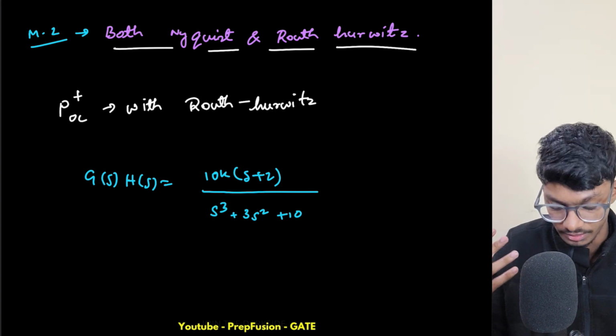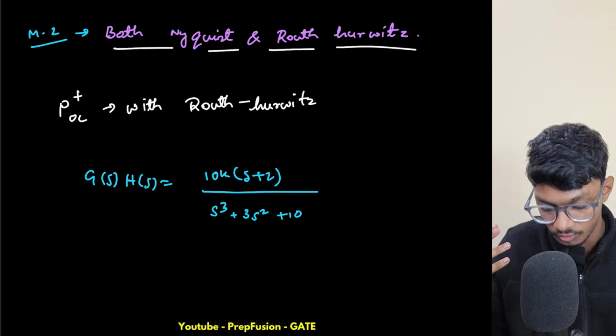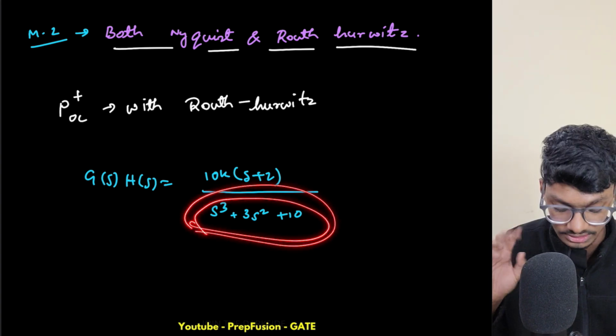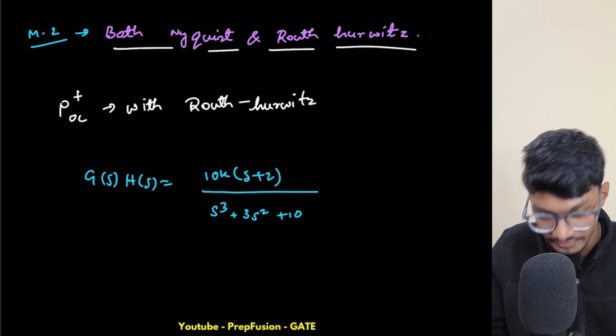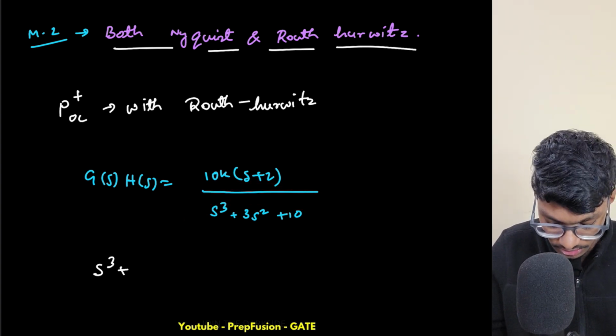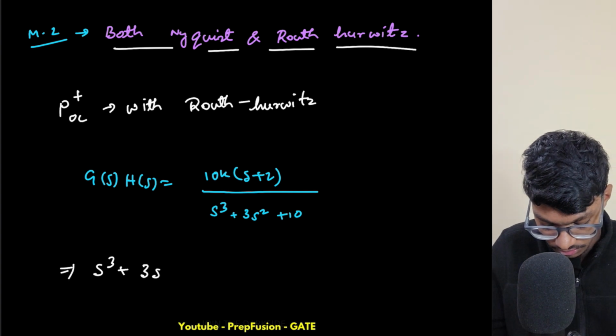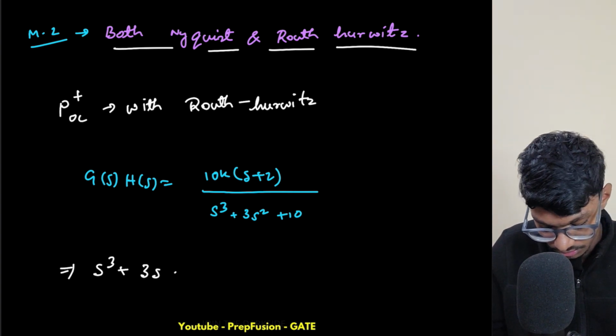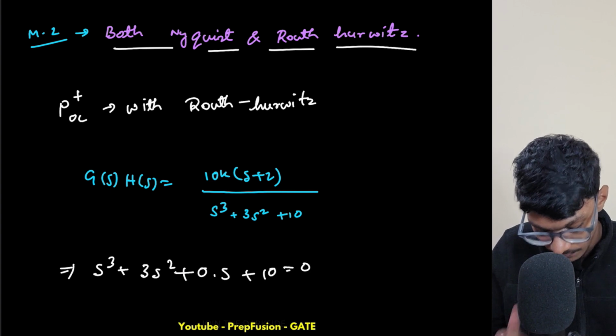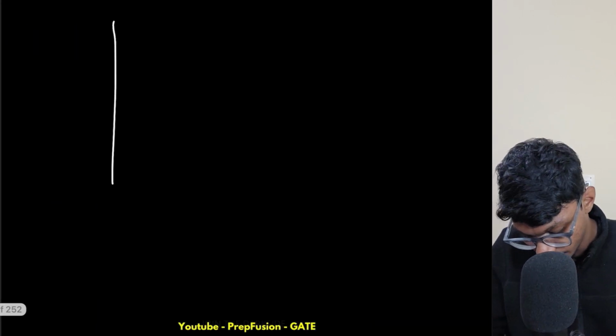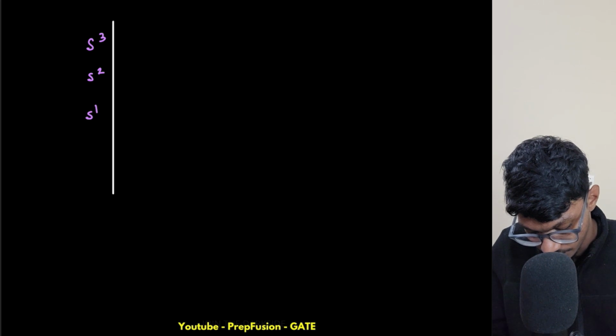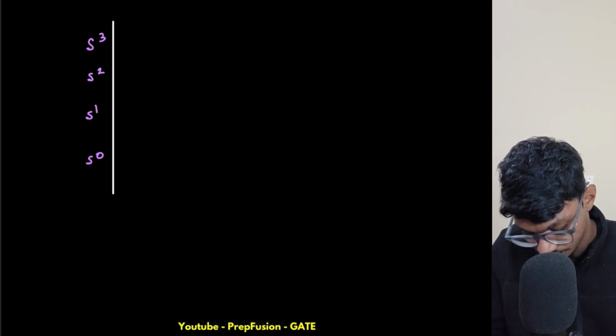We write the Routh table to find the poles. Obviously we have a coefficient missing basically, so this is s cube plus 3s square plus 0 times s plus 10 equals to 0. We'll write this in a standard Routh table. Here I have s cube, here I have s square, here I have s to the power 1, here I have s to the power 0.